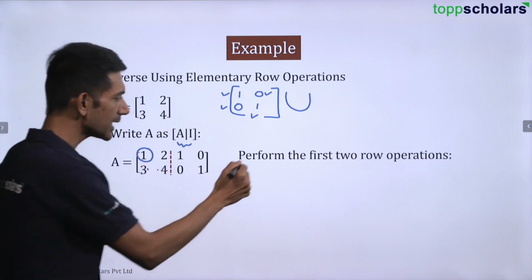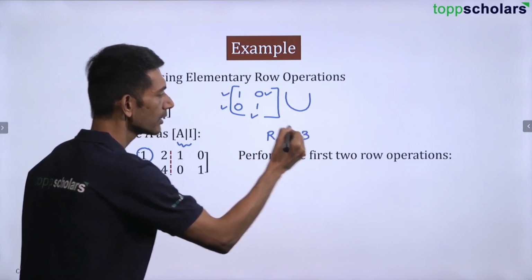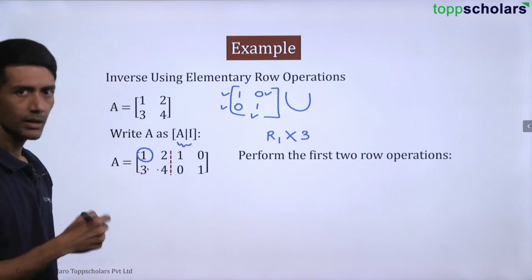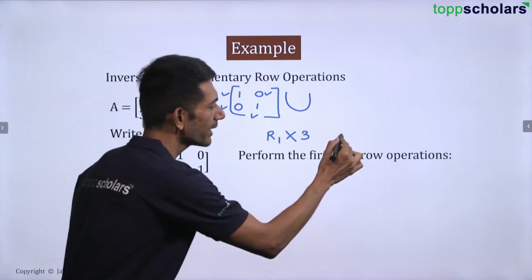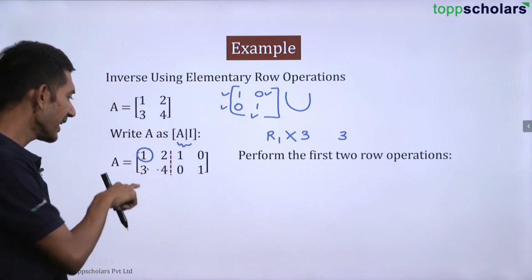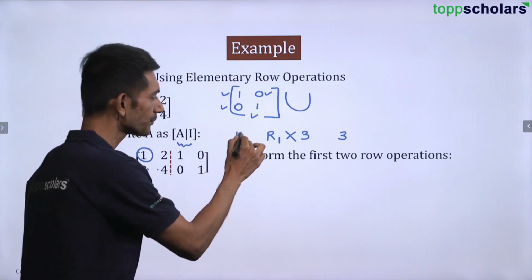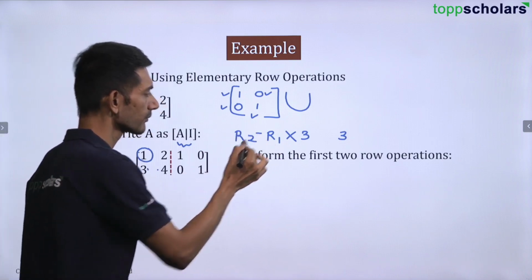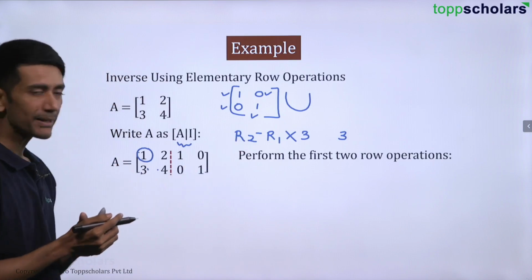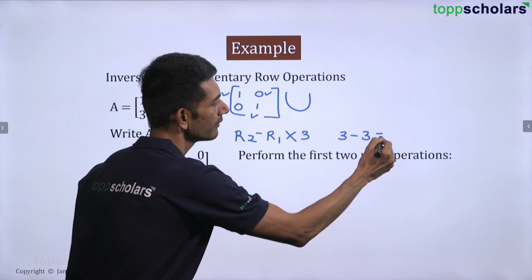So if I multiply R1 by 3, what will happen? That becomes 3, because 1 3s are 3. And then if I subtract R2 and R1, if I subtract later, R2 minus R1 multiplied by 3, can I say 3 minus 3 will give me 0?